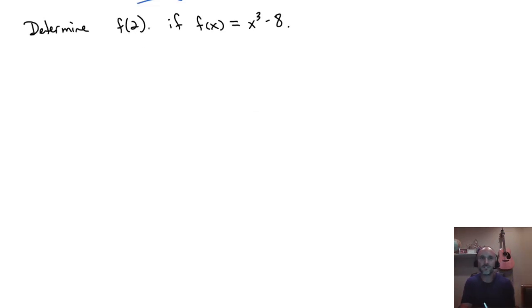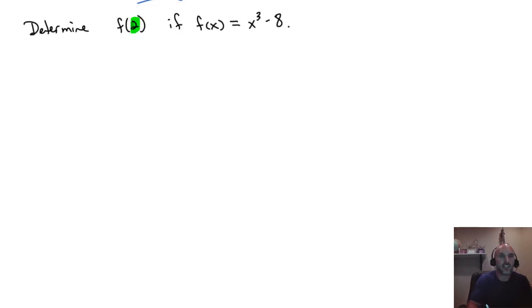Let's determine f of 2 if f of x equals x cubed minus 8. And yes, this one's very easy to do by direct substitution. Okay, if you plug in 2 for x, you get 2 cubed, which is 8. 8 minus 8 is 0. But let's just run through the process with synthetic division.